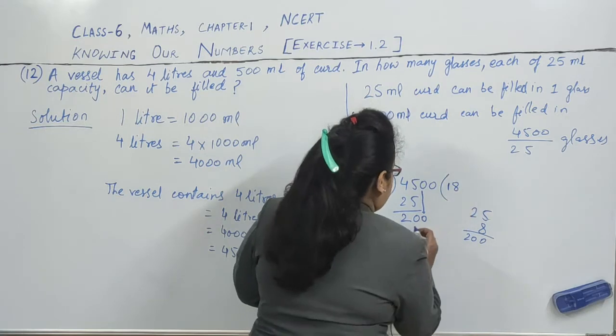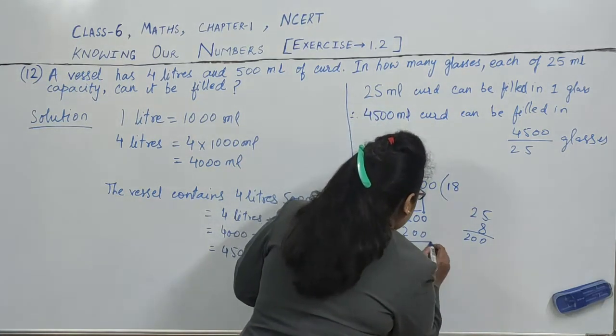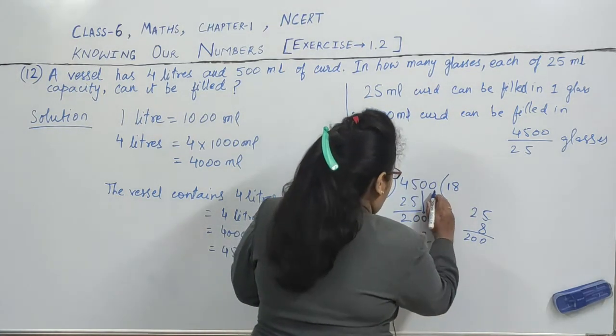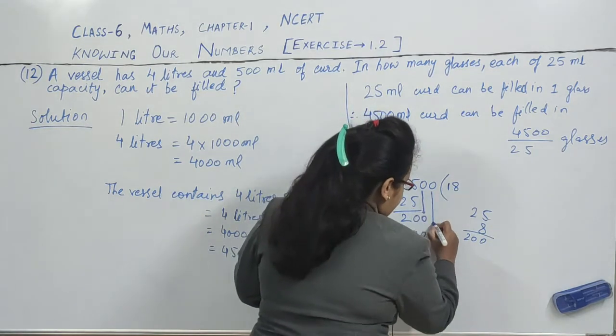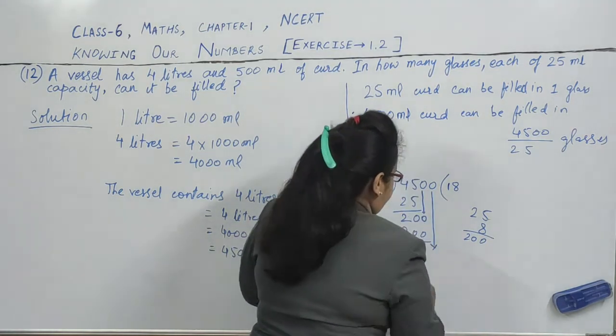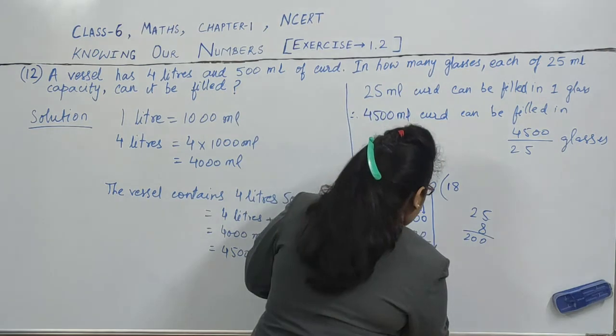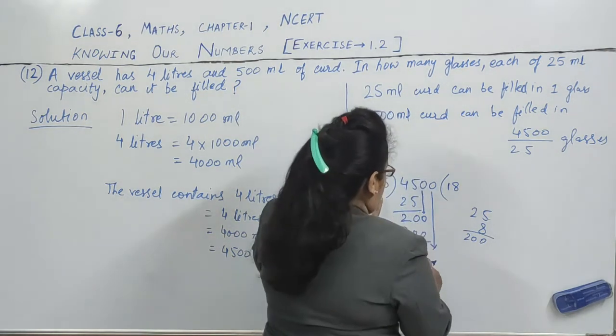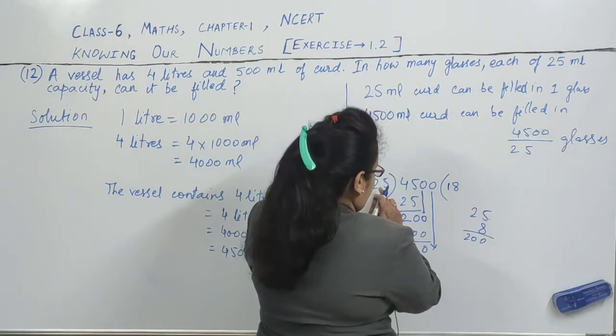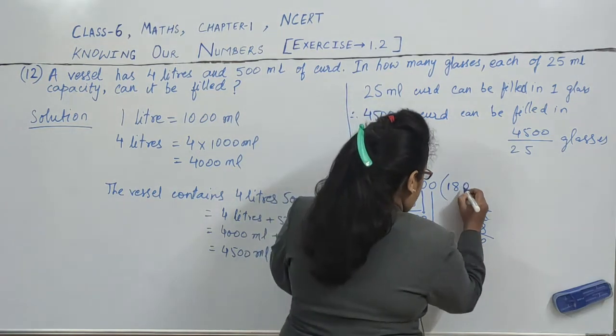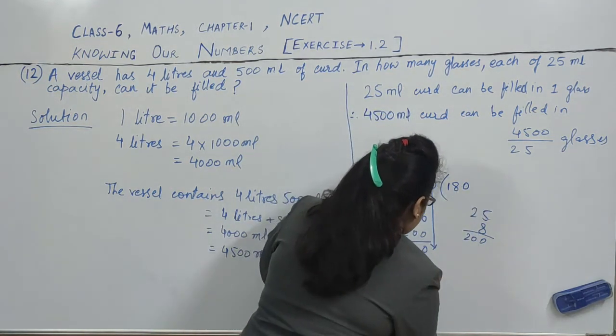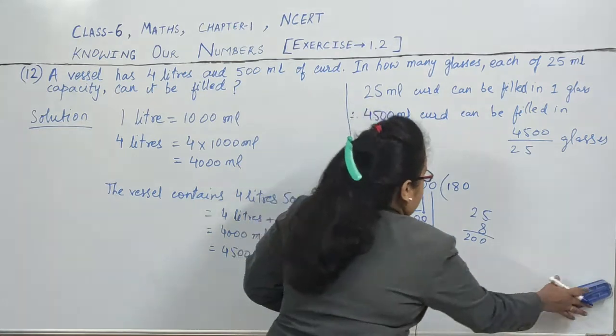It is 8 times. It gives 200, the remainder is 0. Now 1 zero is there, so we will take it down. So it will be 0. Now 25 zeros are 0, so it will give 0 remainder.